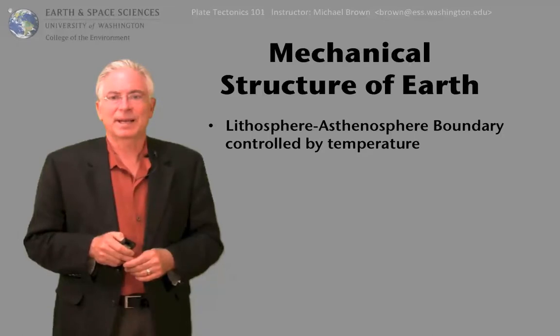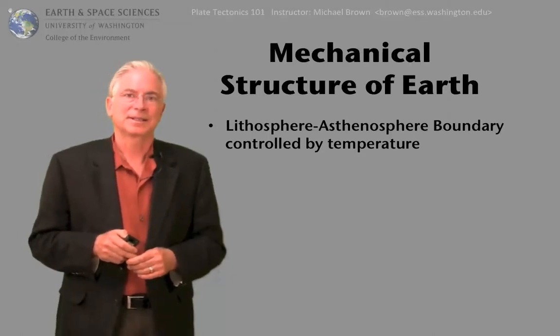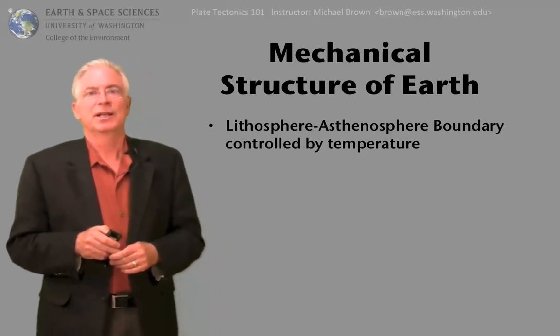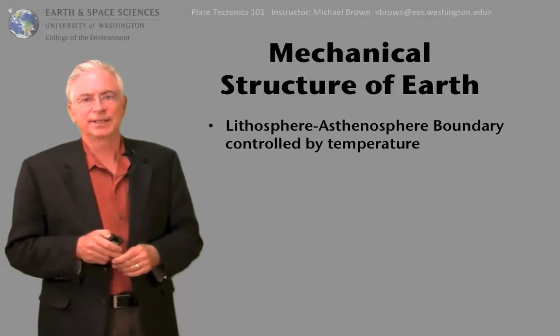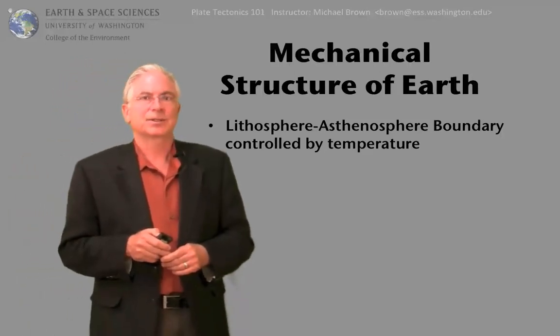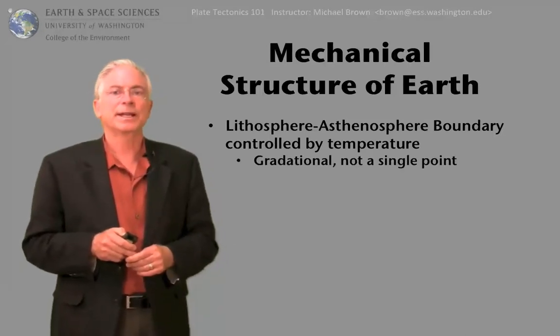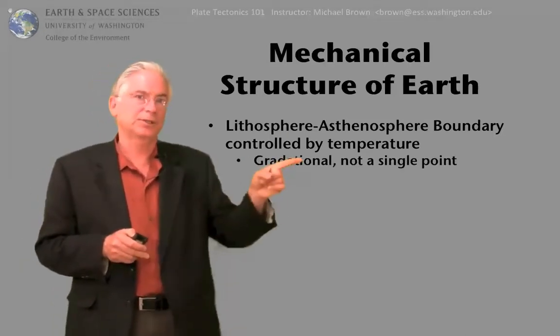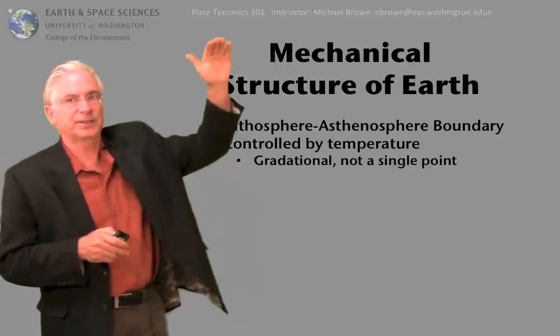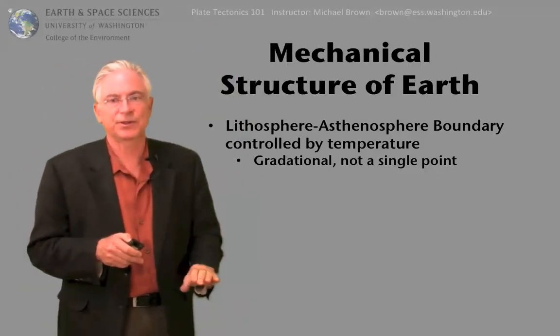Okay, let's talk about the asthenosphere, lithosphere structure of the Earth. The lithosphere boundary is controlled by temperature. It's gradational. There's not a single point that you can put your finger on and say, above here it's lithosphere, below here it's asthenosphere.